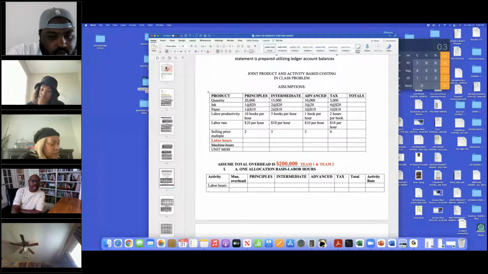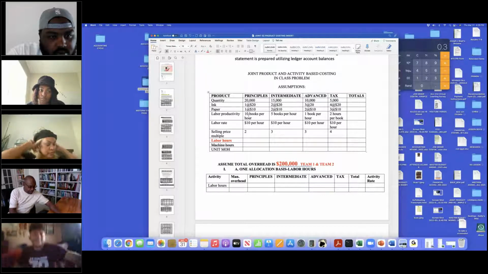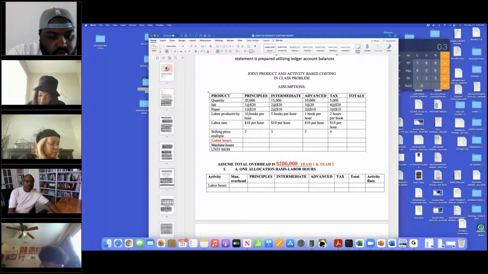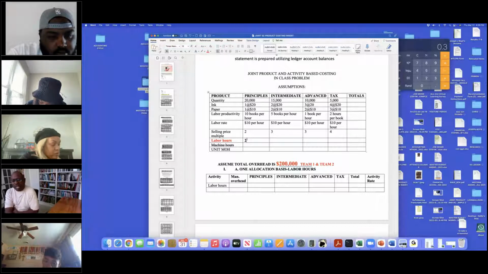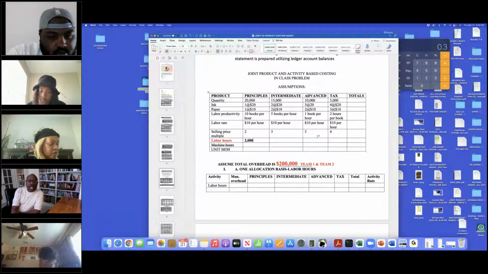So if you got 20,000 to make, you divide 20,000 by 10 and you get 2,000. So I may have had it on the insert, but now I want you to know how to do it. You got to do that for each book. Then get the total labor hours, then bring that down here and get an activity rate. Does everybody know what we're doing?